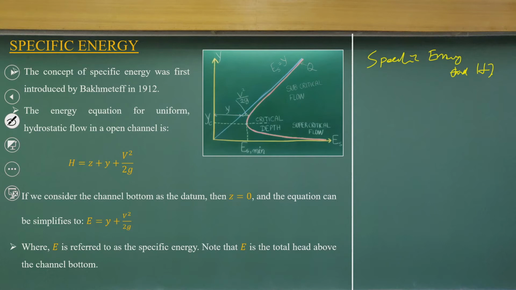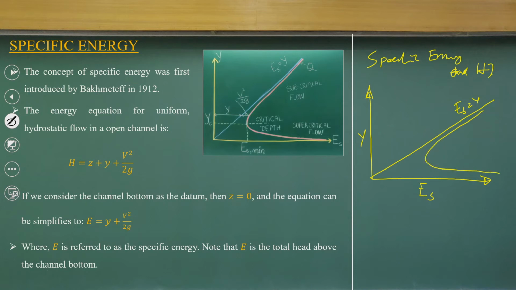Specific energy curve, as we just discussed in the last class, is the graphical representation of specific energy versus flow depth. And when you draw a line, specific energy equal to y, which is the 1:1 line, and since we have derived it, the specific energy curve will come like this.